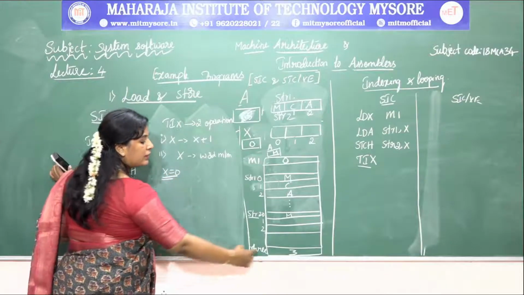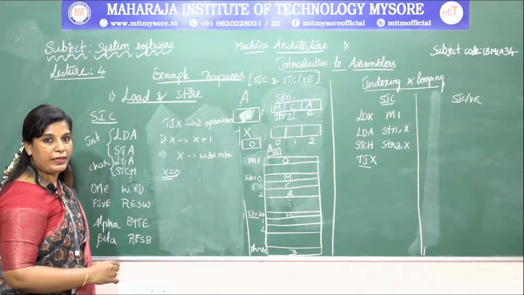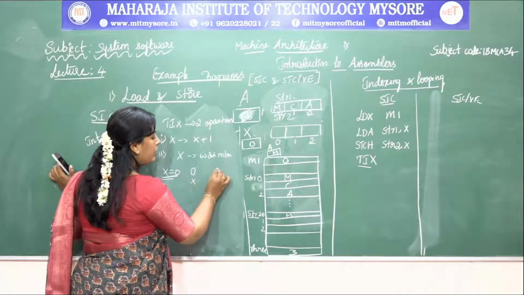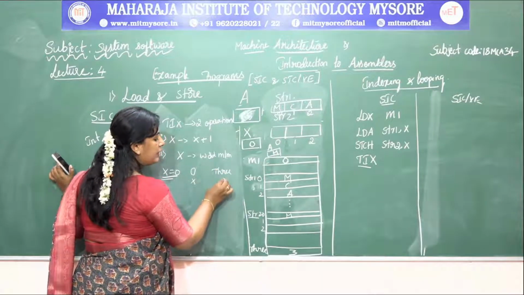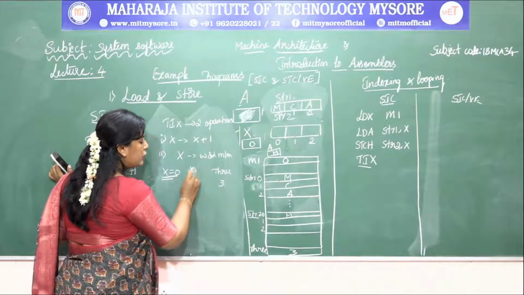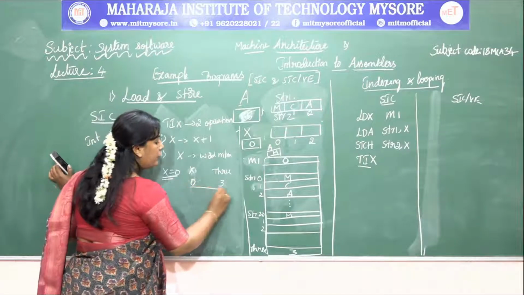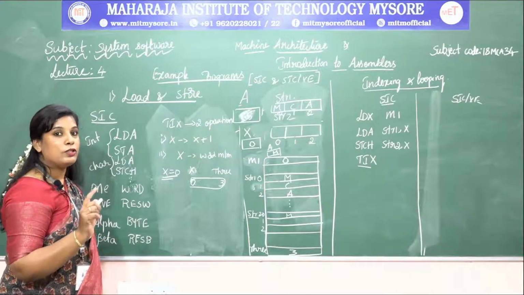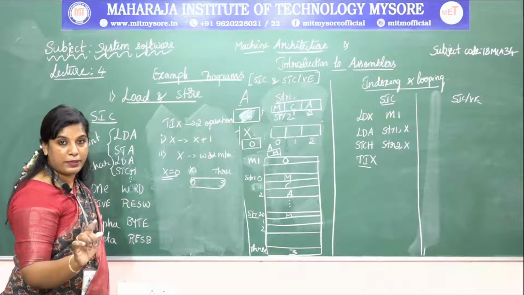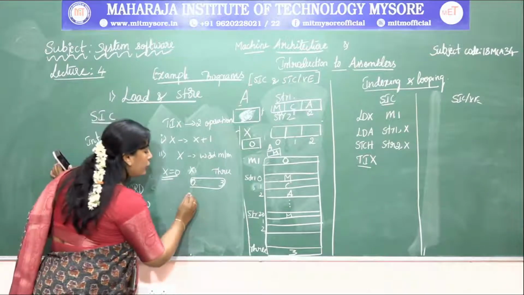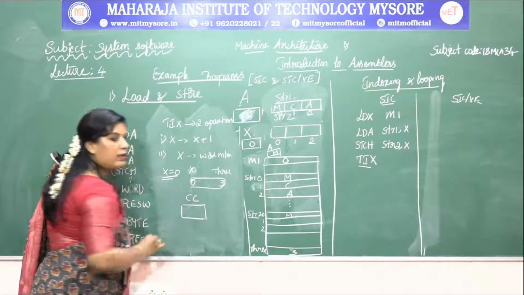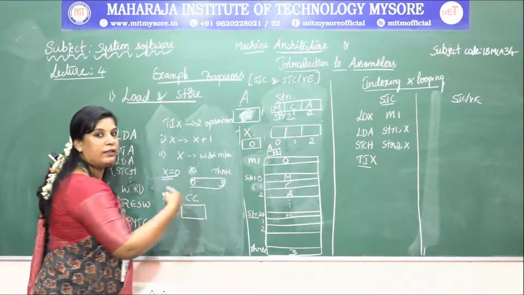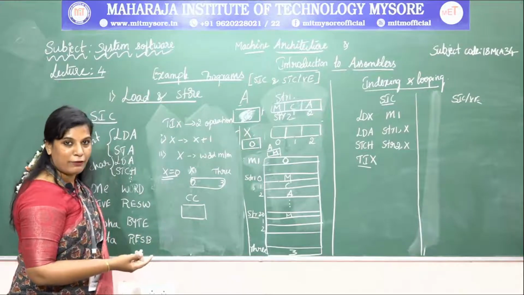It has to compare this 0 with 3, the value present in memory location 3. The index register value is less than the memory location value. When it performs the comparison, it sets the condition code flag bit: greater than, equal to, or less than that of the memory location.